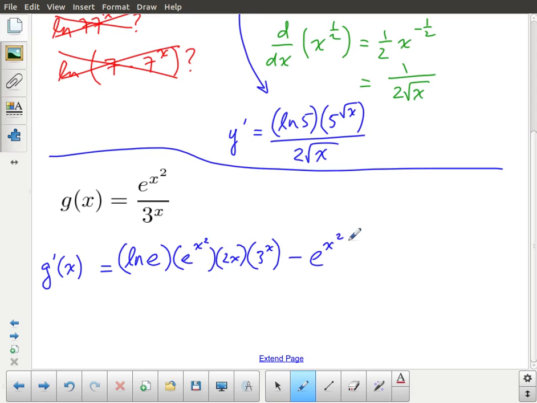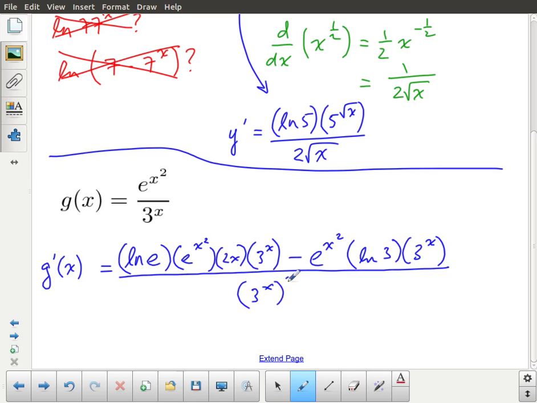The derivative of this denominator is going to be the ln of 3 multiplied by 3 to the x, and then we would chain rule this. What's the derivative of x? The derivative of x is just equal to 1. So this is why we don't actually need to apply the chain rule here. But if you did, there'd be nothing wrong with that. Over the bottom squared, which is 3 to the x, all squared.